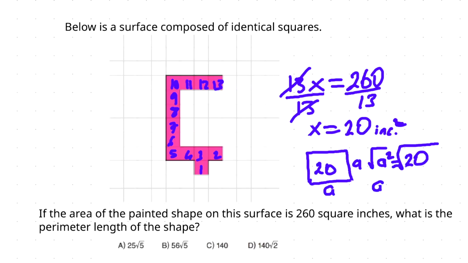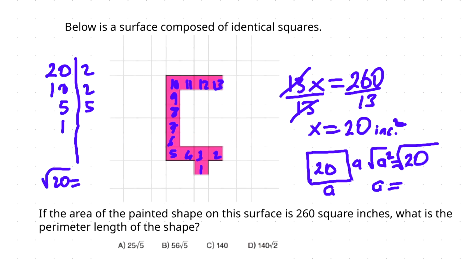Then A becomes the square root of 20, which is 4 times 5. If you still have difficulty determining that, you can do the same thing we did in the previous questions: divide by 2, 10, divide by 2, 5, and 5 divided by 5 is 1. So technically this is 4 times 5, and I can write the square root of 20.